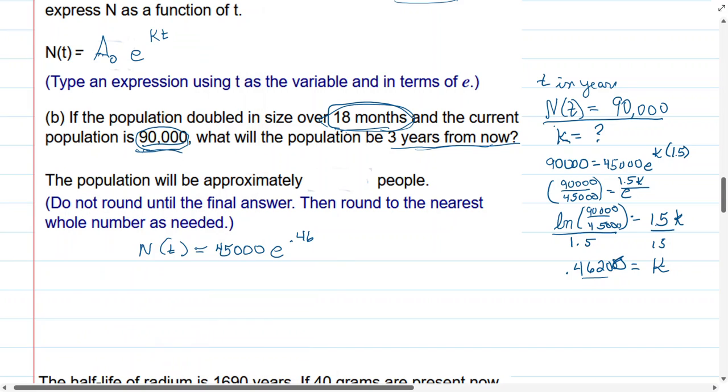I don't know whether to use 4600s or 462 thousandths. I'm going to do thousandths, and I didn't find what they wanted, or I didn't write it down, I should say. Okay, so now I have my K, and this is in 3.